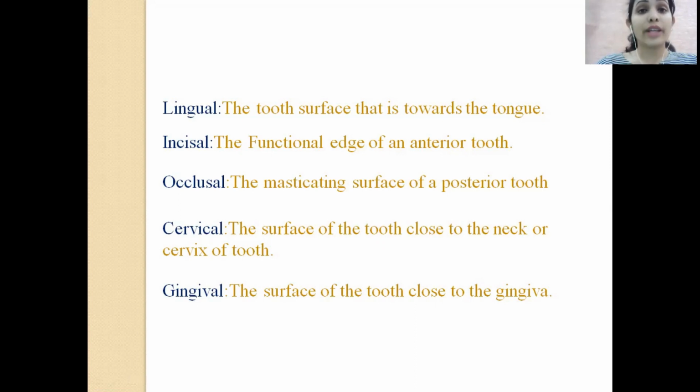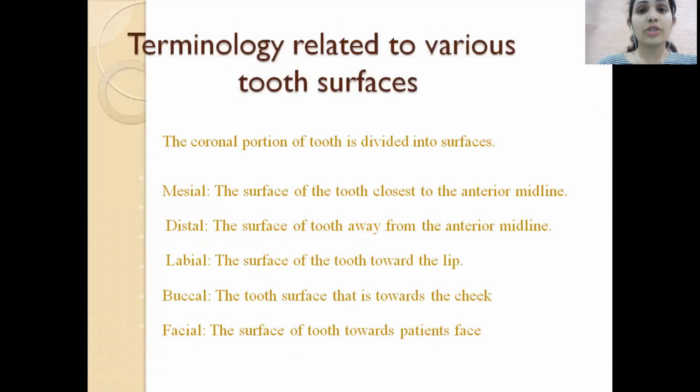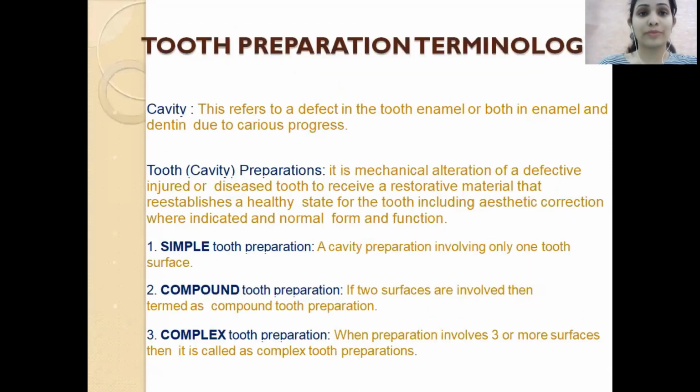Cervical, the cervical part is the surface of the tooth which is present close to the neck or cervix of tooth, and gingival is the surface which is present close to the gingiva. This was about the terminologies related to various tooth surface, that is mesial, distal, facial, buccal, labial, lingual, incisal, occlusal.